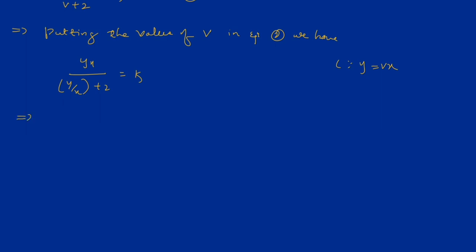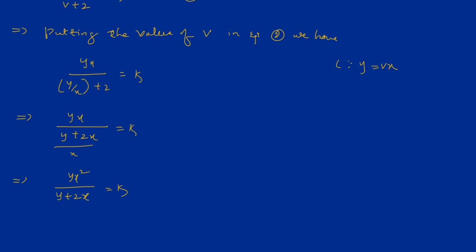So again, which implies, cross multiply in the denominator, what we get, yx upon y plus 2x whole divided by x, which equals k. So again, which implies yx upon y plus 2x, this term goes on, the numerator becomes yx square upon y plus 2x, which equals k.